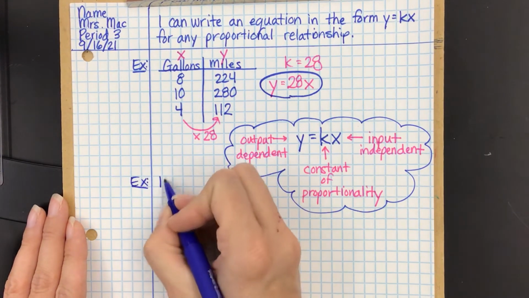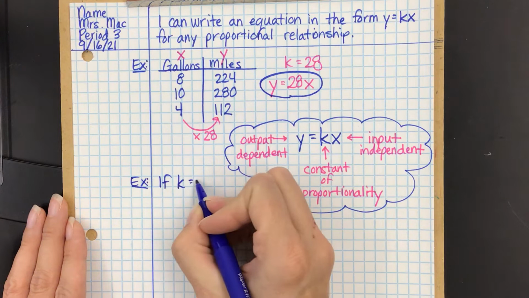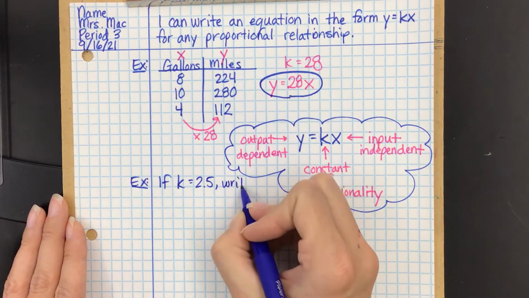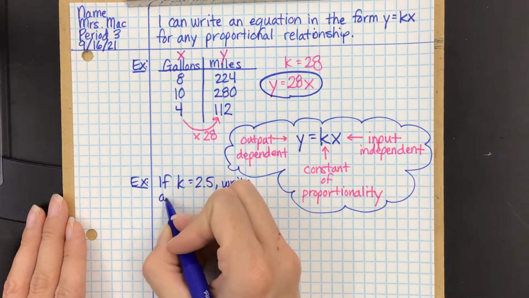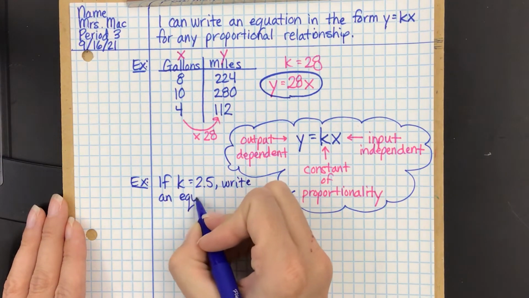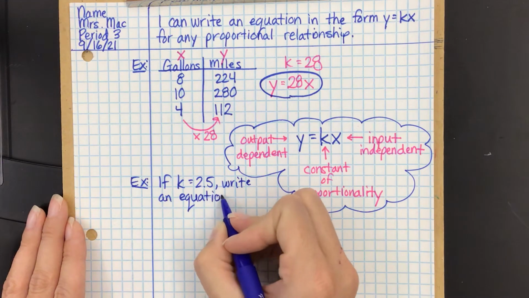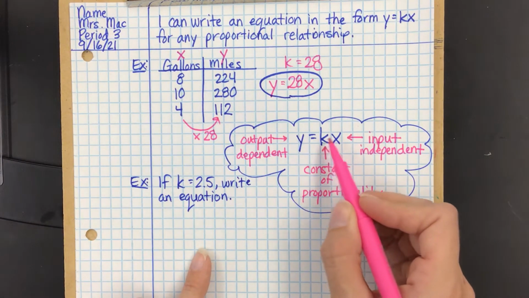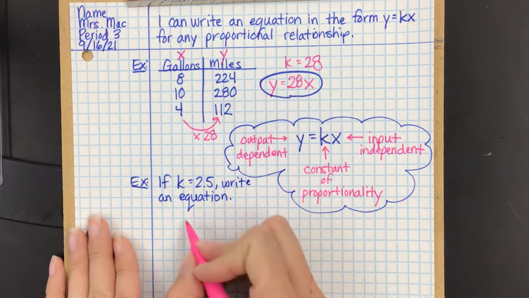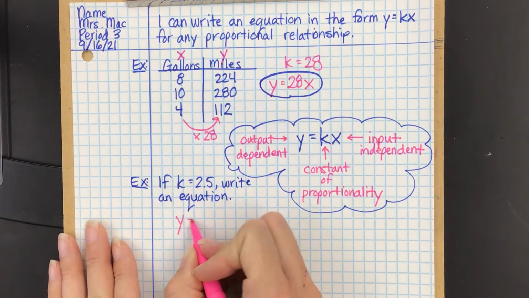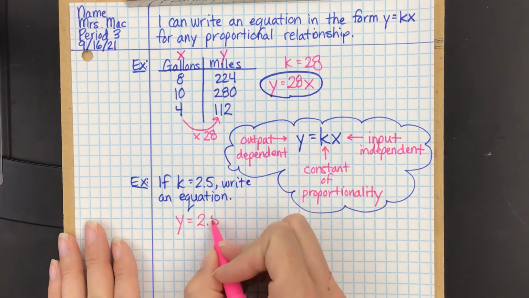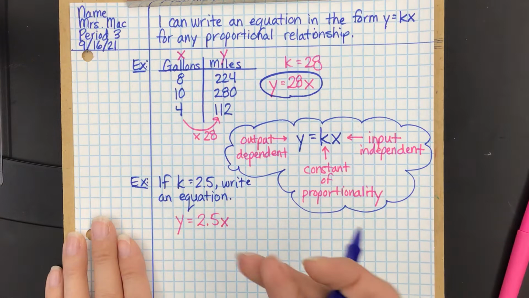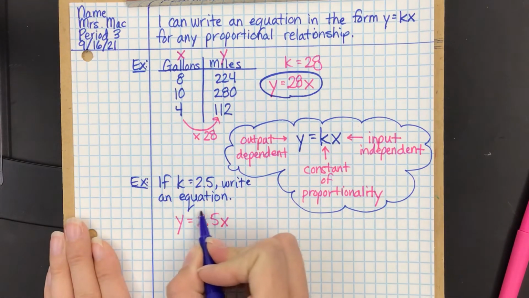They just said, if k is equal to 2.5, write an equation. So all you have to do is plug in 2.5 for k here. So the equation is going to be y is equal to 2.5x. It's that easy, okay?